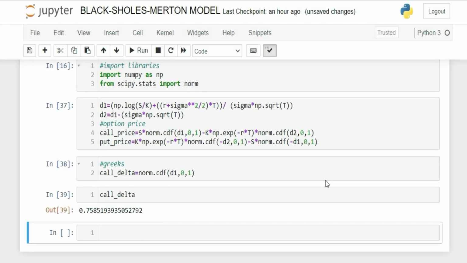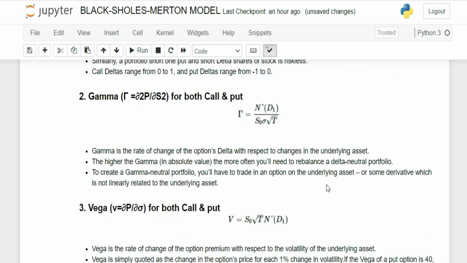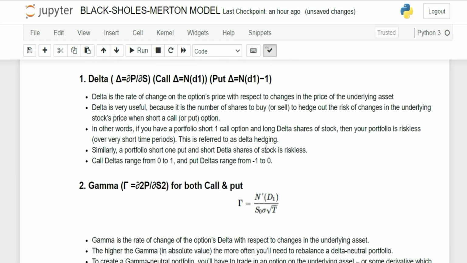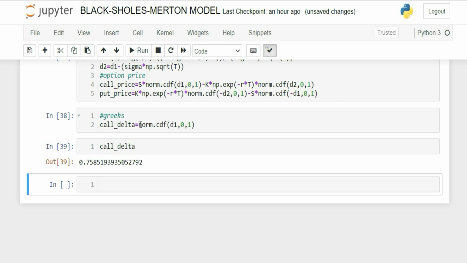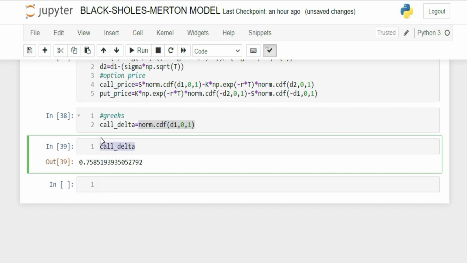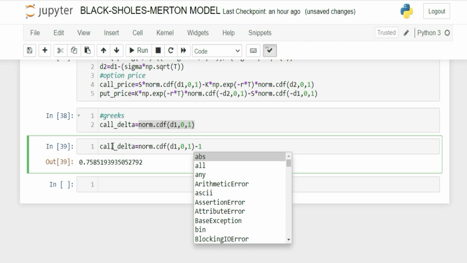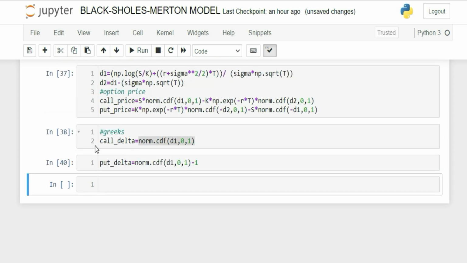Now what is put delta? If you see here, the formula is: the put delta is N(d1) minus 1. So N(d1) minus 1 is my put delta.